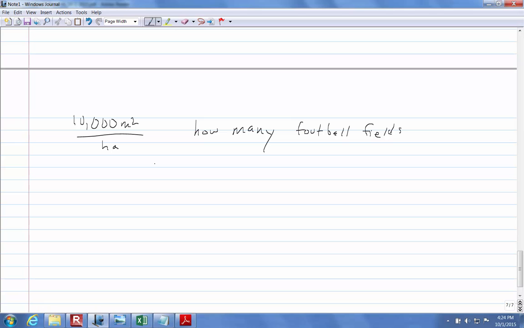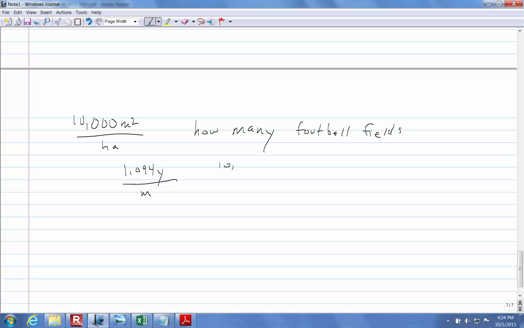So if a field is, how many yards per meter? Maybe this has got it in here. Yeah, 1 meter is 1.094 yards. Pretty close. 1.094 yards per meter. Okay.